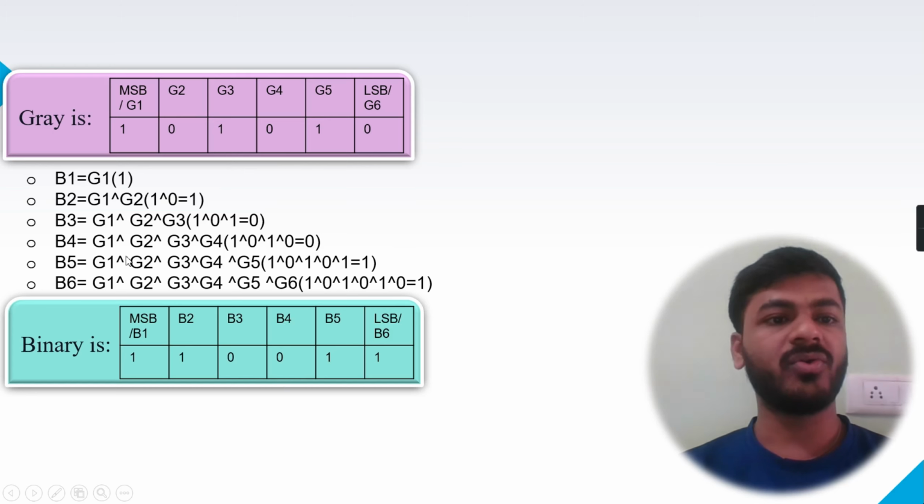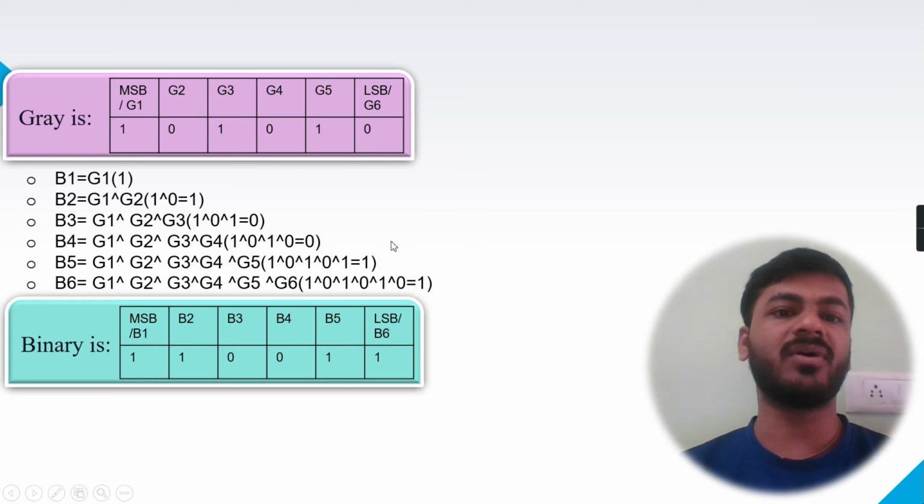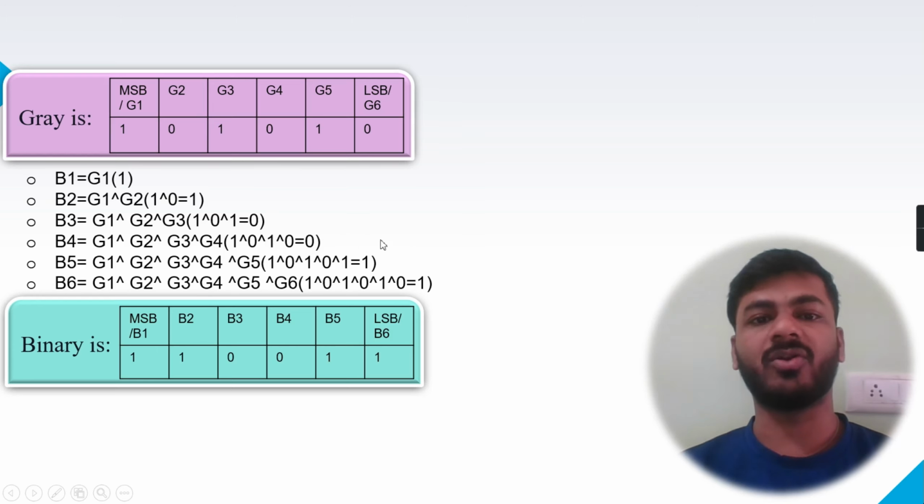Now for B5 you can see G1 XOR G2 XOR G3 XOR G4 XOR G5, and if you do XOR with all these bits, then it produces the output 1. So that is assigned to B5. Now B6 is again calculated by using XOR between all the bits. This is how we have to follow these steps to convert Gray into binary code.